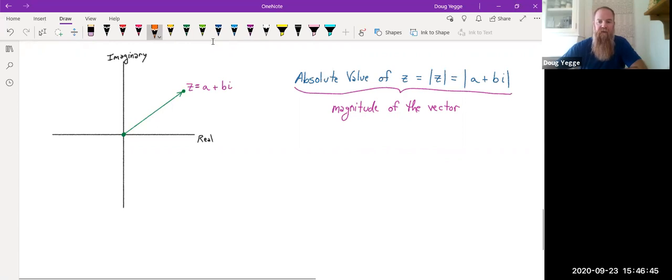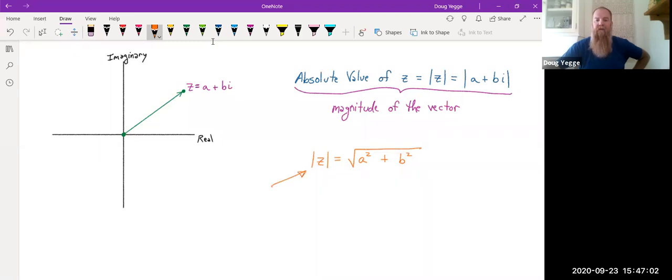So in other words, the absolute value of z is equal to the square root of a squared plus b squared. And therefore, we can now see why we put the magnitude symbol as the absolute value. The absolute value is nothing more than just telling me how far that complex number is from the origin.